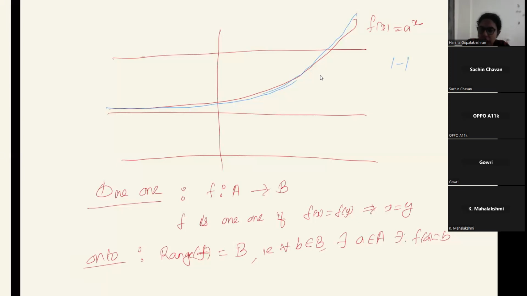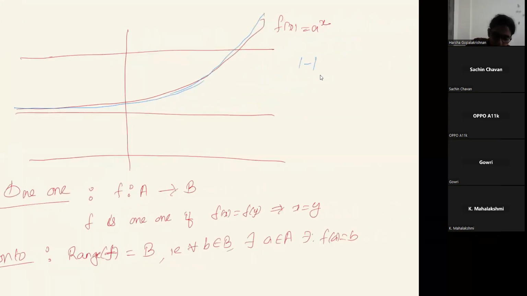Okay, let me give one more hint. If I am taking any negative real number, does there exist an element x such that f of x equal to that negative real number?